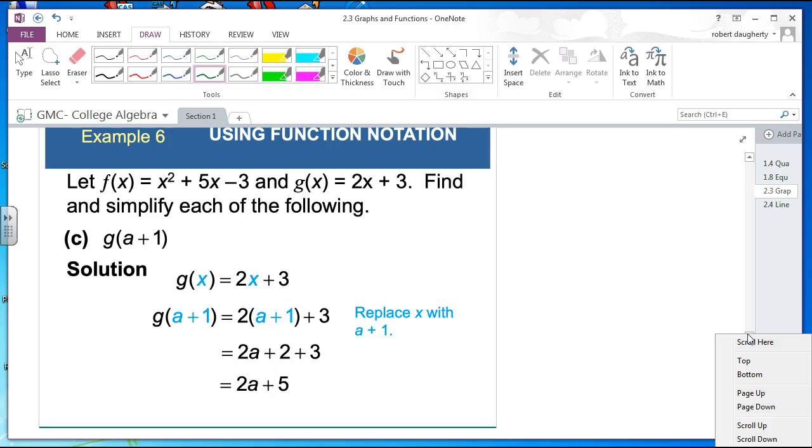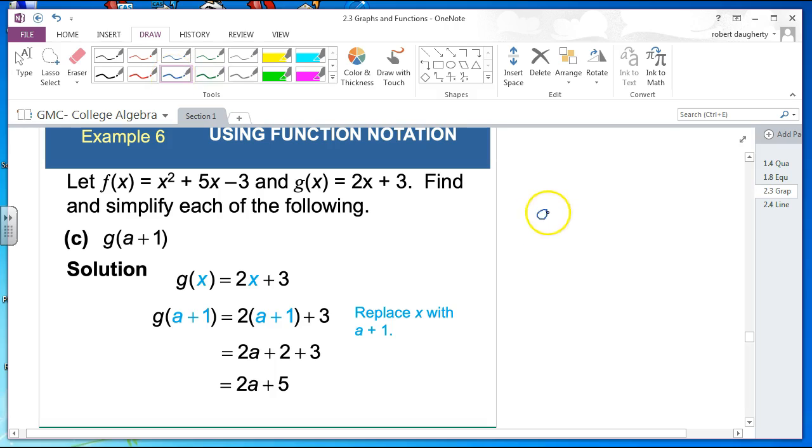Now find the next one, they're saying find g of a plus 1. Okay, so g of x is equal to 2x plus 3. Now what I'm being asked to find is g of a plus 1.